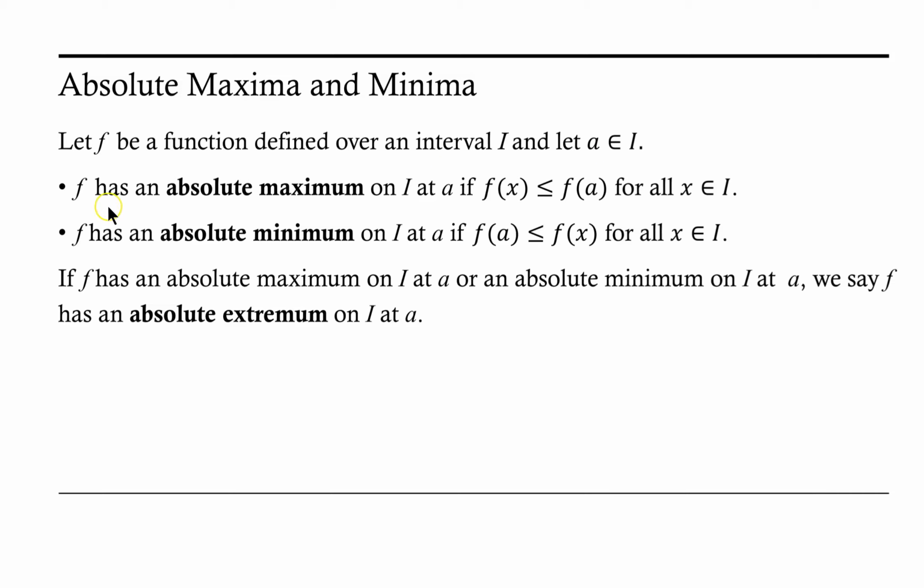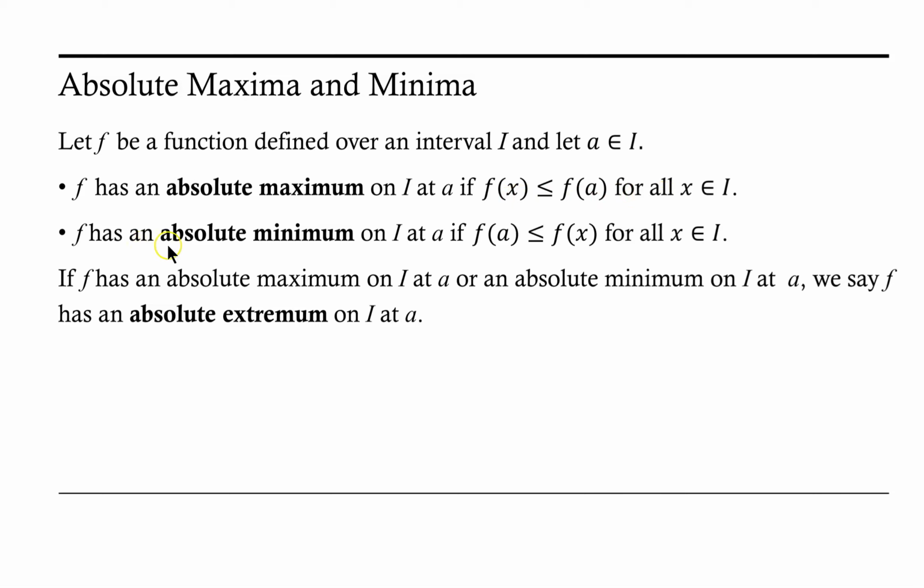We say that f has an absolute maximum on that interval at a if f of x is less than or equal to f of a for all x in that interval. That is, f of a is the largest output value of all x values in the interval I.